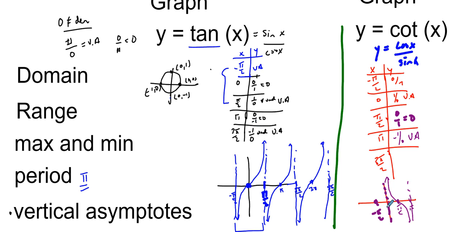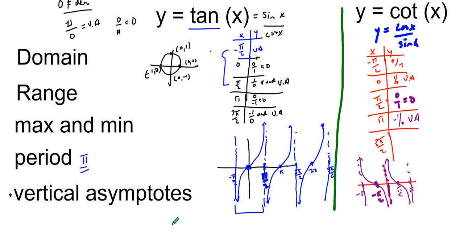So right here, this is going to be negative. And then we can go to negative pi right there, and we go up. And you see that it's almost like a reflection and shift from the tangent graph. So each one of these, we can see vertical asymptotes.